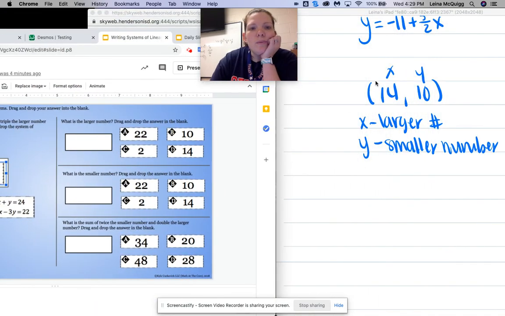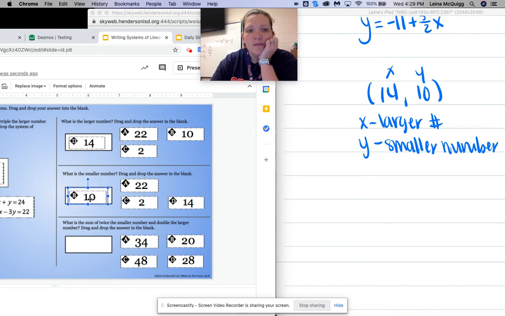Okay, so we have 14, 10, x was our larger number, y was our smaller number. So it says, what is the larger number? Well, x was my larger number. My x value is 14. What is the smaller number? Y was my smaller number, right? So my smaller number is 10.